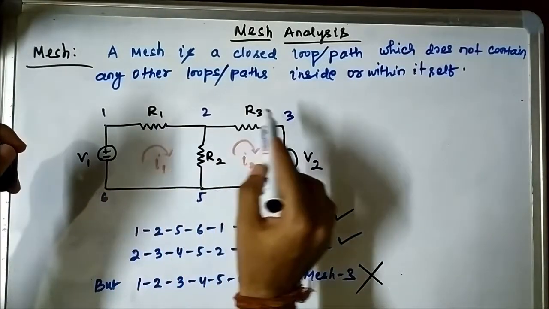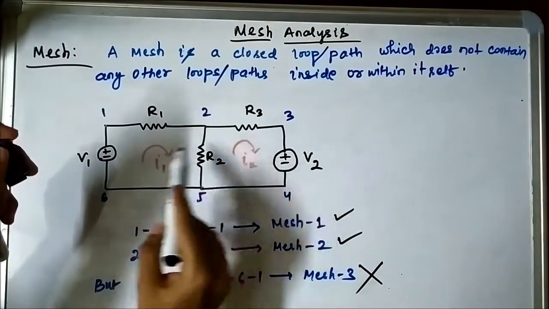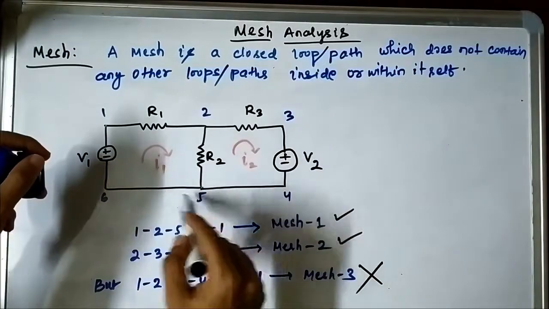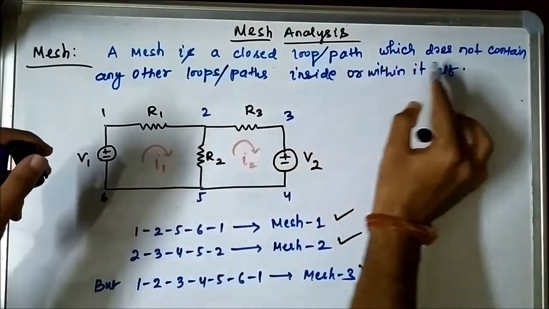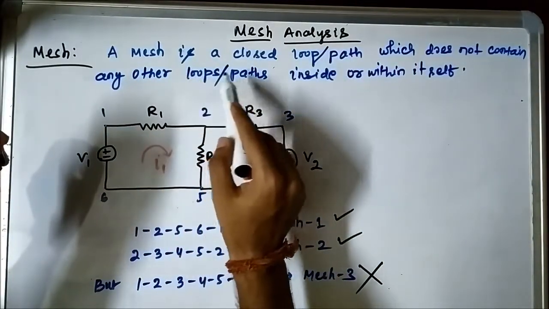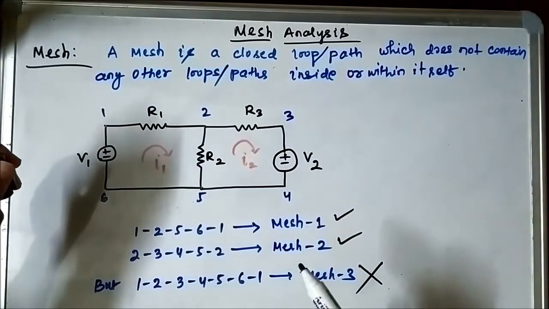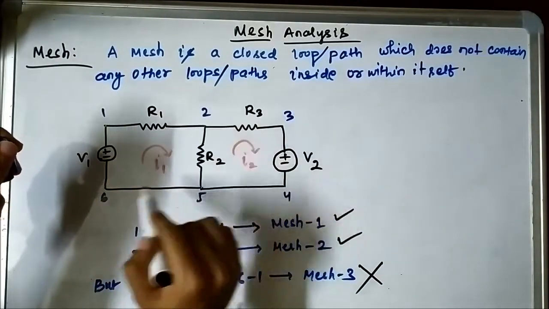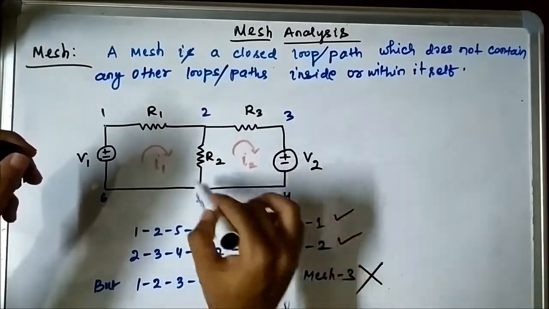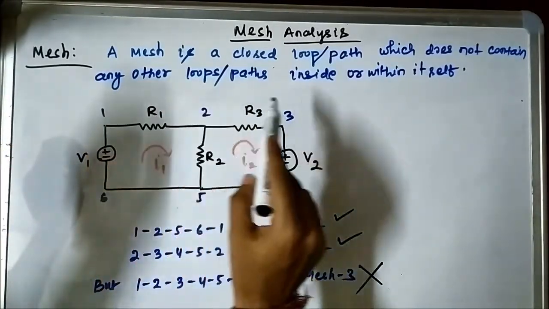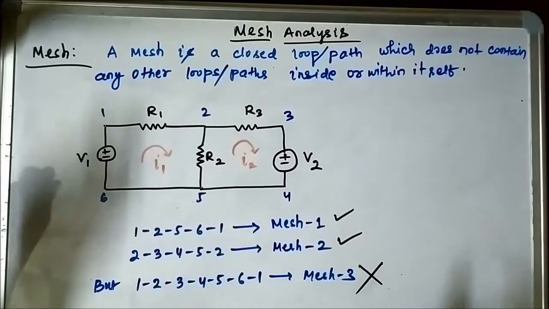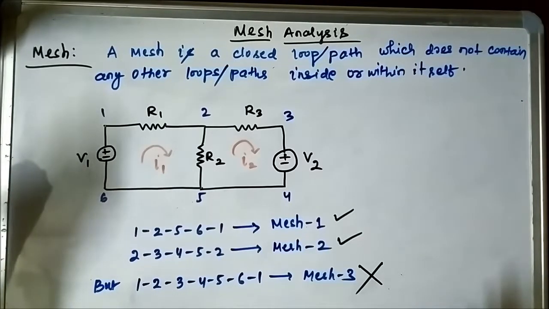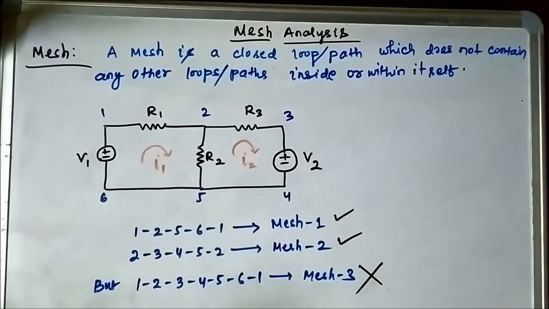Because it has two sub loops inside it: 1, 2, 5, 6 and 2, 3, 4, 5, 2. The condition for a closed path to be a mesh is that it should not contain any other closed loops or paths inside itself. That is why 1, 2, 5, 6, 1 is a mesh, 2, 3, 4, 5, 2 is also a mesh, but 1, 2, 3, 4, 5, 6, 1 is not a mesh. Always remember it. So this is the basic definition of a mesh.